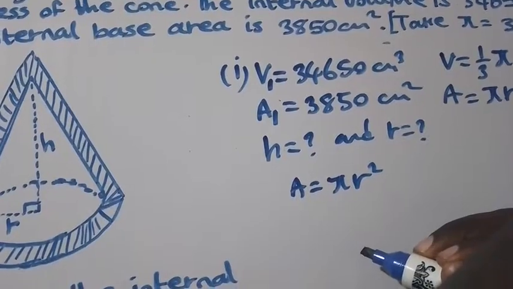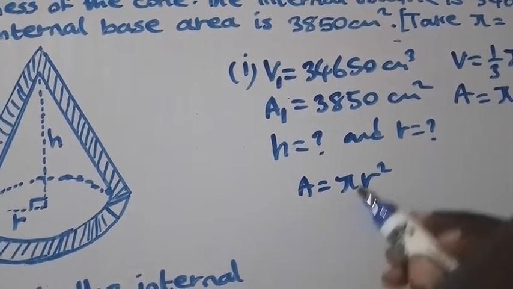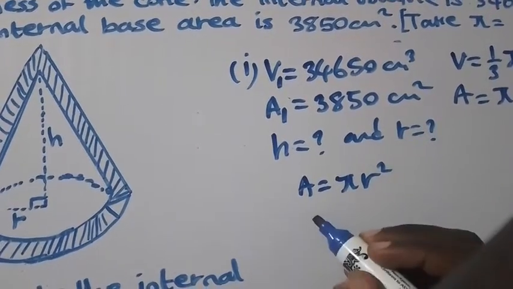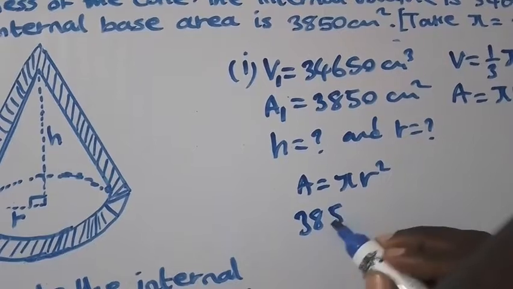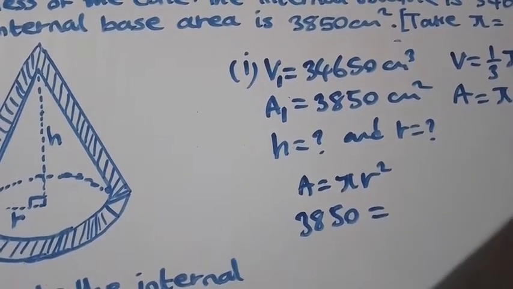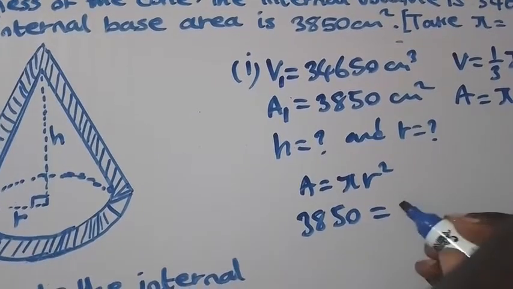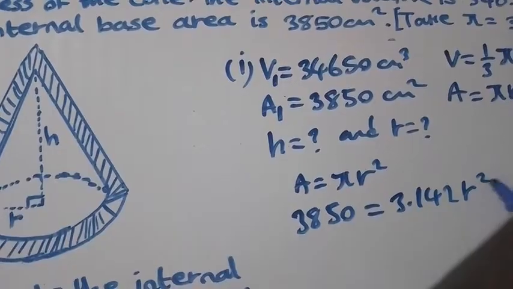So, area equal to, so where there is A, we are going to plug in 3,850, which is equal to pi. So, pi is given as 3.142 times r squared.